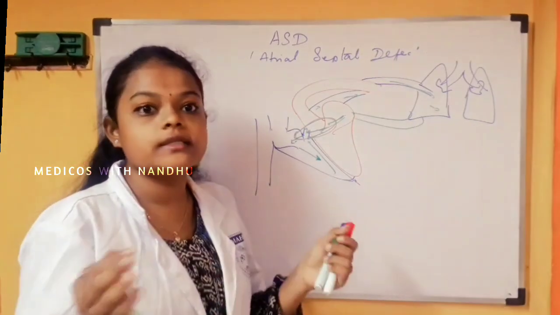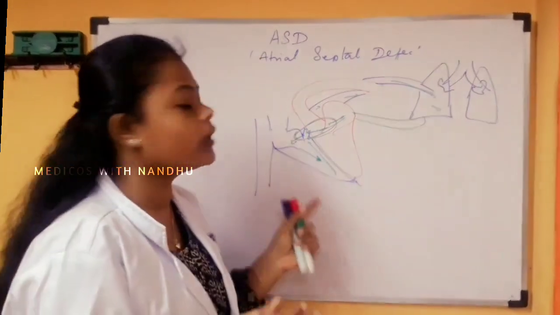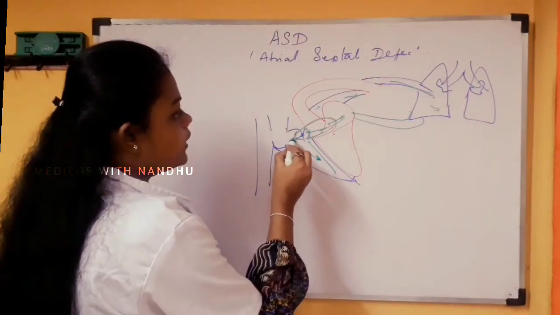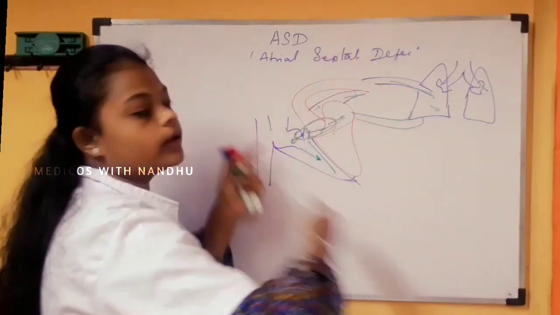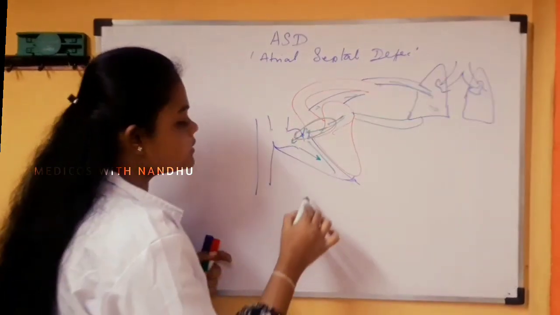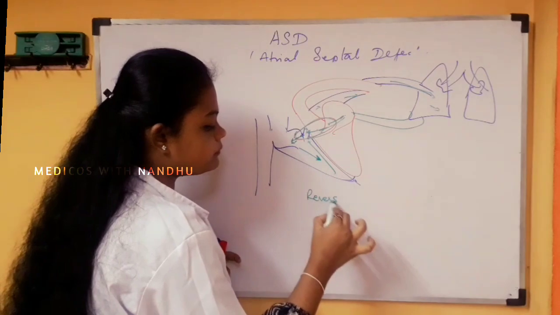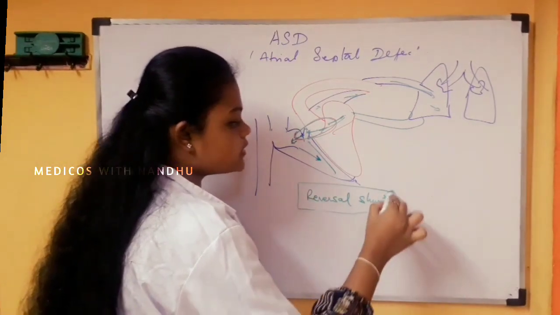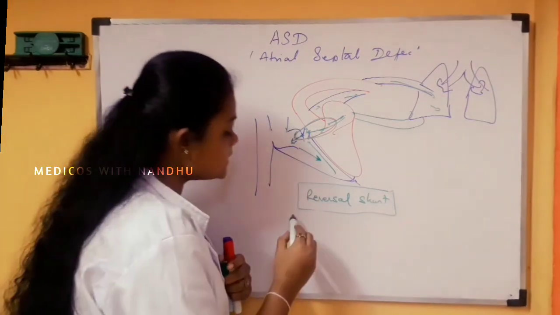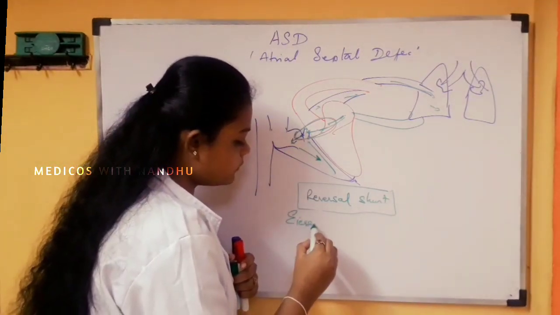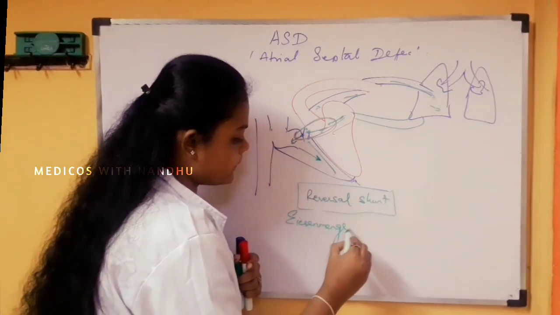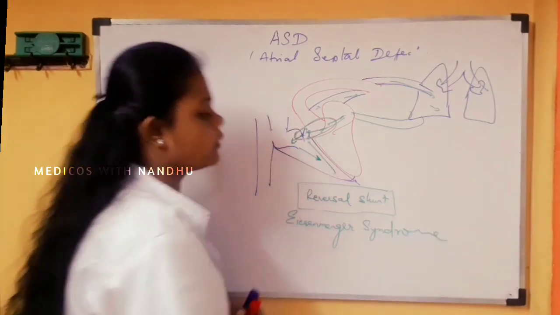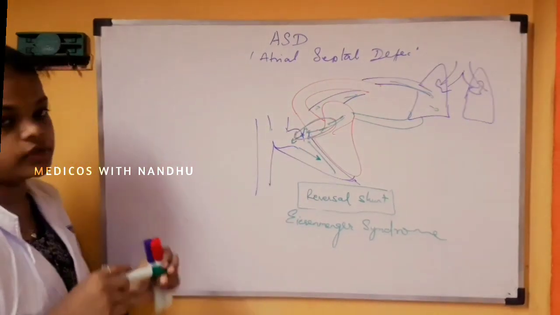Hence it also causes cyanosis, but it is not a cyanotic heart disease. Again the shunt reverses, hence it is known as reversal shunt, and this reversal shunt is also known as Eisenmenger syndrome. So this is the pathophysiology.